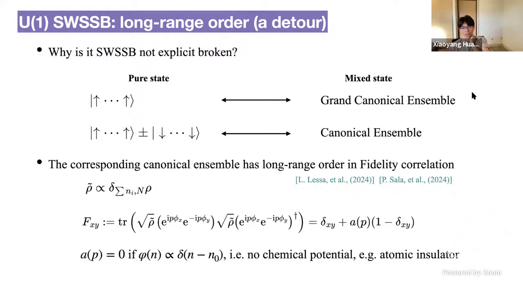We can calculate the fidelity correlation and show that it has a non-vanishing decay, which represents the long-range order. And exactly, only when the phi function, which characterizes the distribution of charge density, is a delta function does it mean there's no chemical potential you can do.